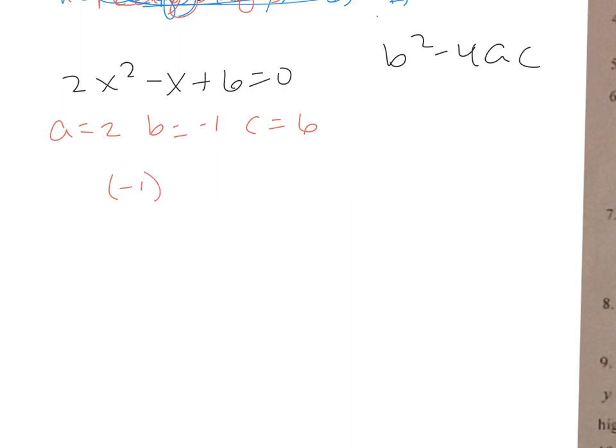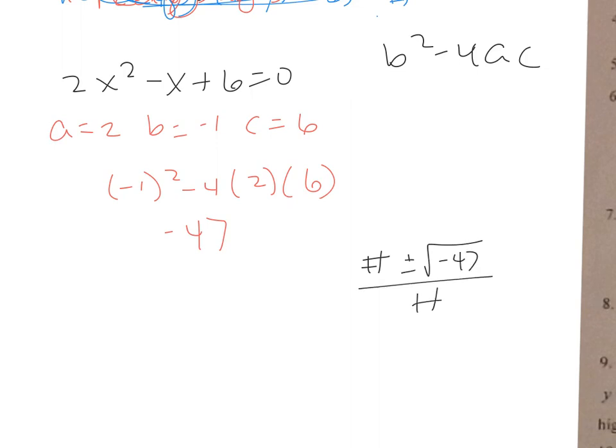So I have negative 1 squared minus 4 times 2 times 6. Just plug it all into the calculator all at one time. I get negative 47. Think of it, number plus minus the square root of negative 47 all over number. This one's easy because when you have a negative underneath the radical, that is imaginary. They are not real. They are not on the number line.